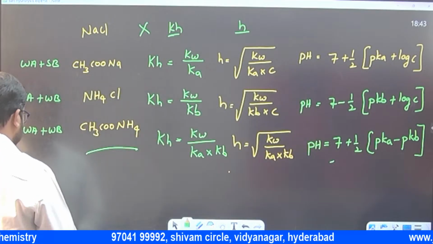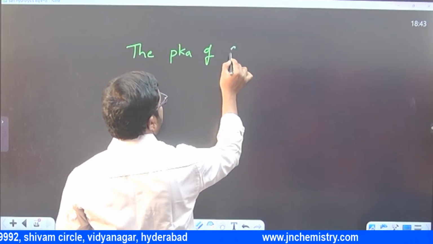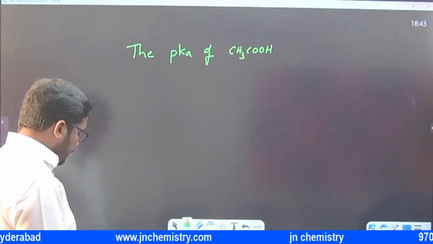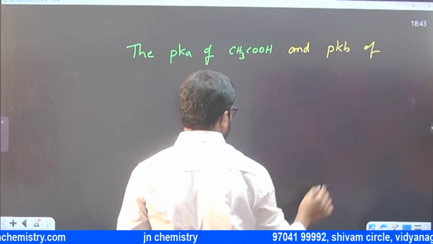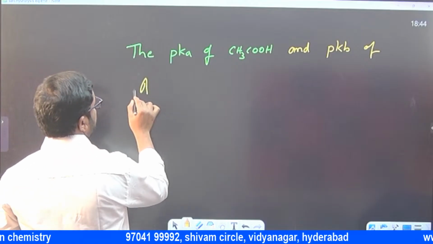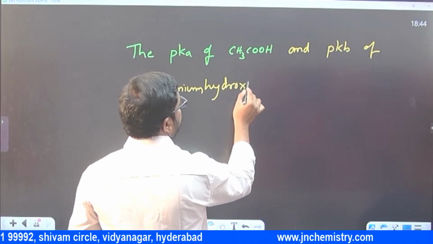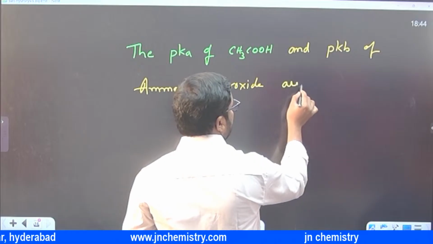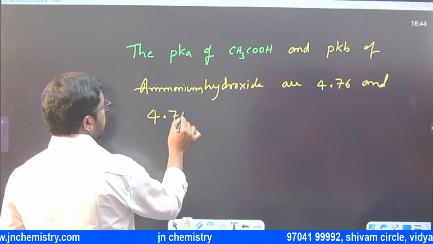The pKa of acetic acid and pKb of ammonium hydroxide, NH4OH, are 4.76 and 4.75 respectively.